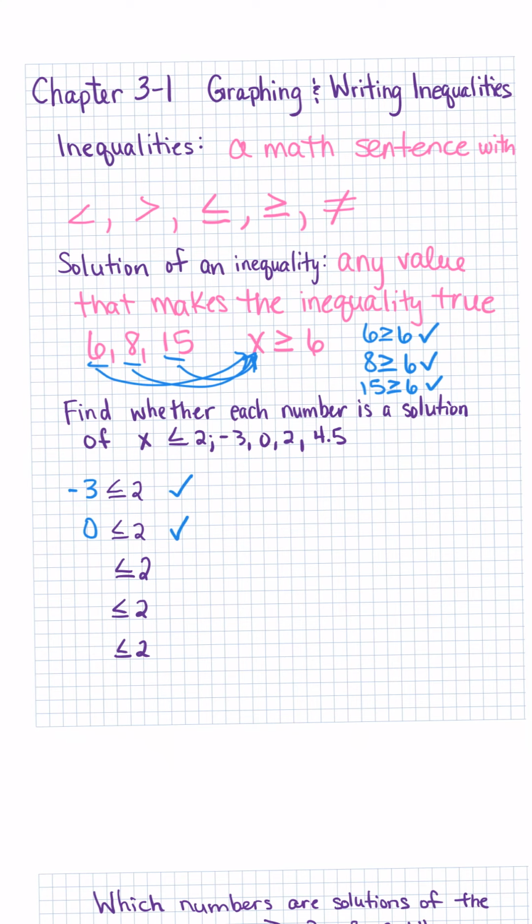That's true. 2 is equal to 2, and it has the line underneath the inequality, so, yep, that's true also. And our last one, 4.5. Uh-oh. 4.5 is not less than 2. Okay, sorry, I added an extra one there.